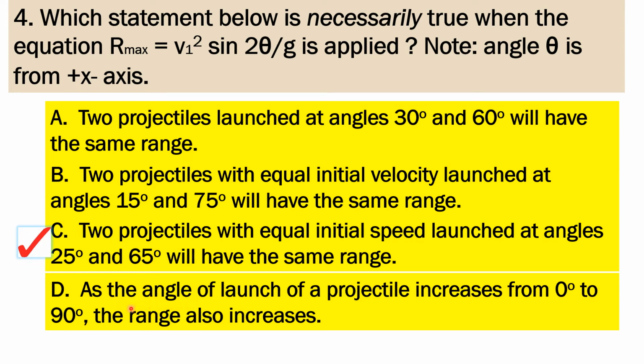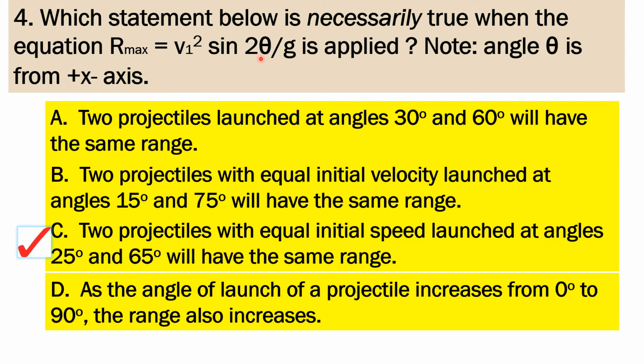Option letter D says, as the angle of launch of a projectile increases from 0 to 90 degrees, the range also increases. That's not really accurate because, again, using this formula, what do you think is the maximum angle? At what maximum angle will a projectile acquire the maximum range, or the greatest value of range?